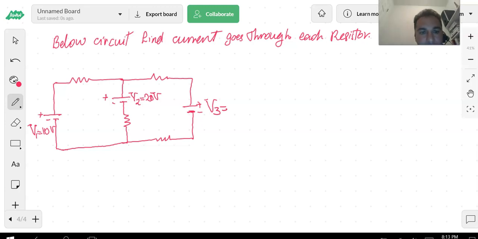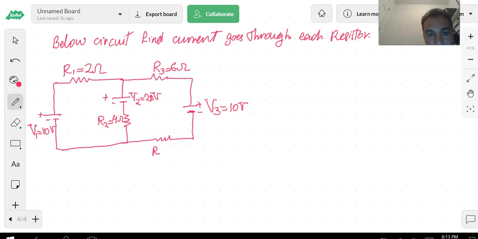Let's choose 10 volt also, okay? So let's say R1 is 2 ohm, R2 is 4 ohm, R3 is 6 ohm, and R4 is 8 ohm.